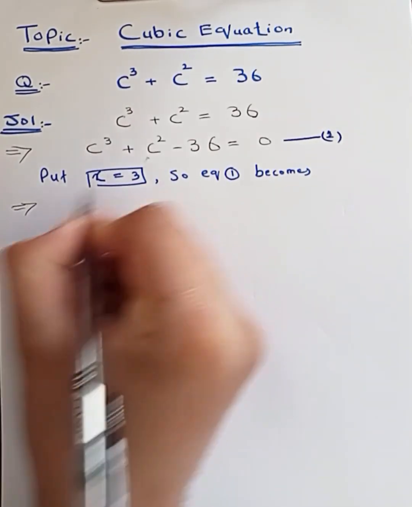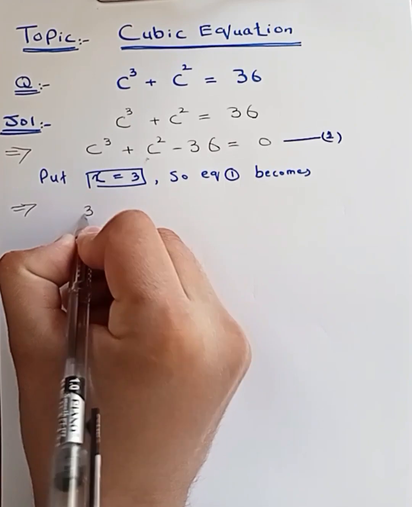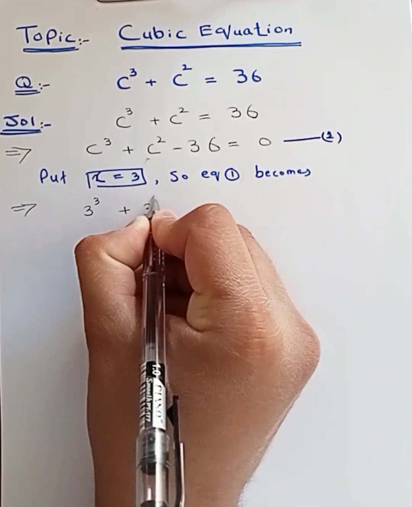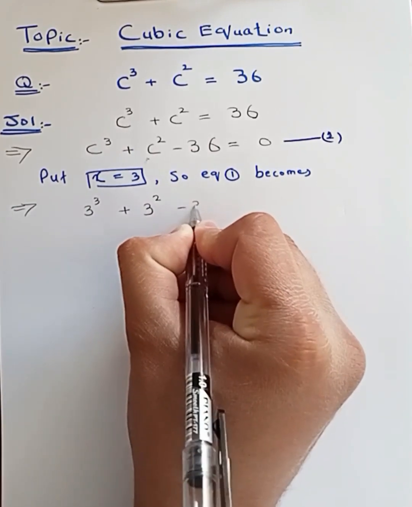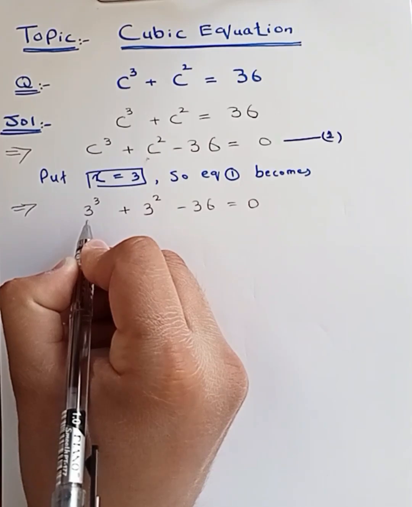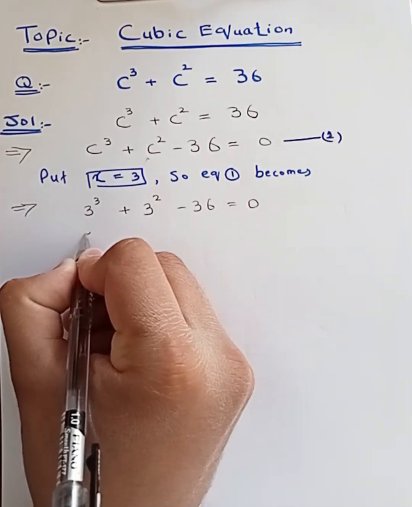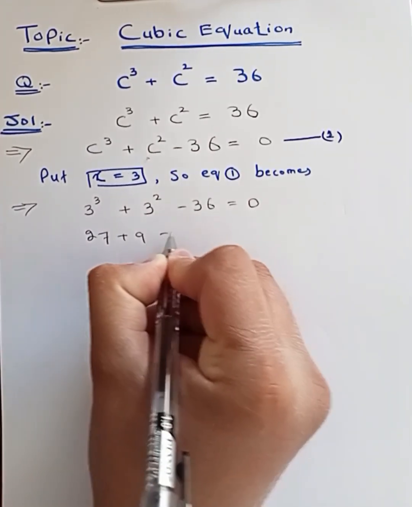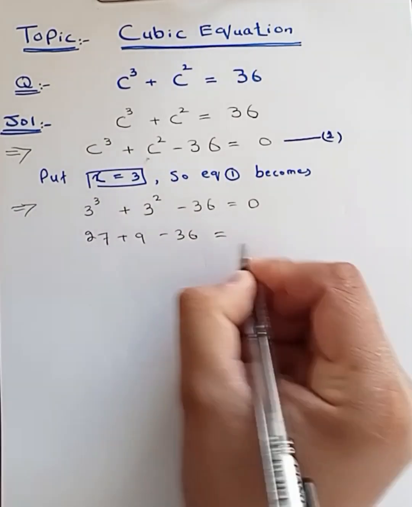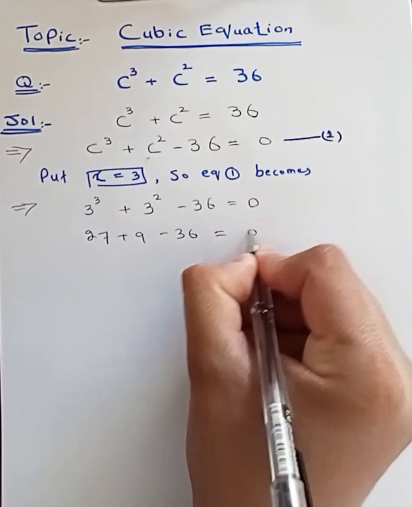Let's check it out. So 3 cube plus 3 square minus 36 is equal to 0. 3 times 3 multiplied by 3 is equal to 27, plus 9, so this becomes 36. 36 minus 36 is equal to 0.